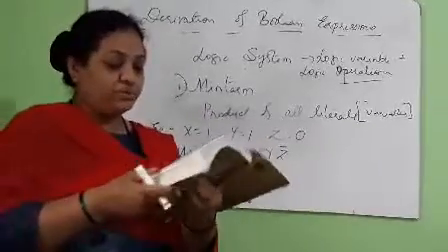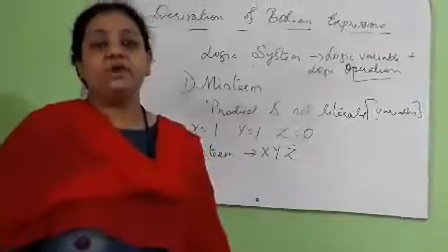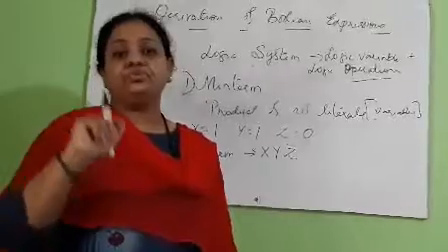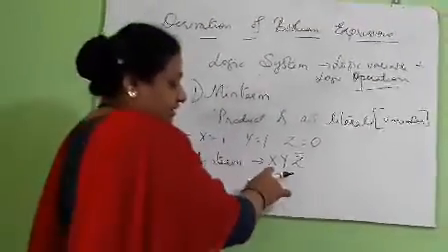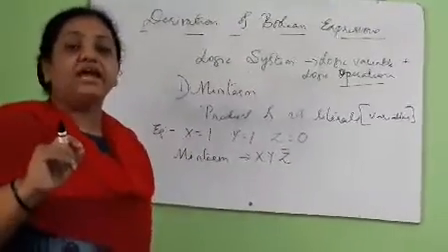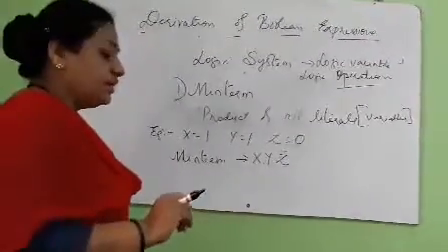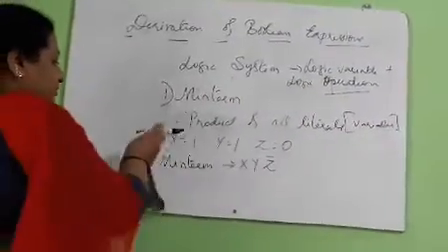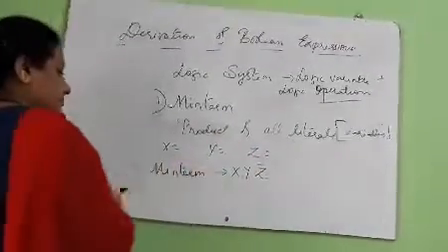So this is about the minterms. Let us see how we can write a minterm expression for more variables. Here there are three variables x, y and z. Now let's write a minterm expression for four variables. Say here we have x, y, z and one more variable, w.